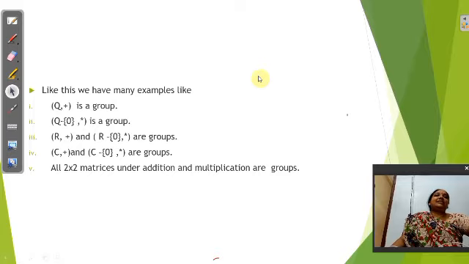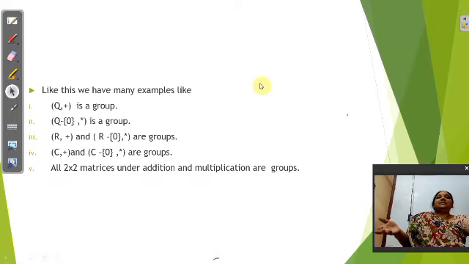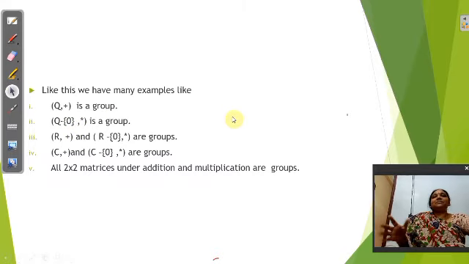If I take the inverse of 0, what do I get? 1 by 0, which means infinity. Does infinity belong to Q? No. Infinity means a number not defined till now. So it is not a group if we include 0 with respect to multiplication.